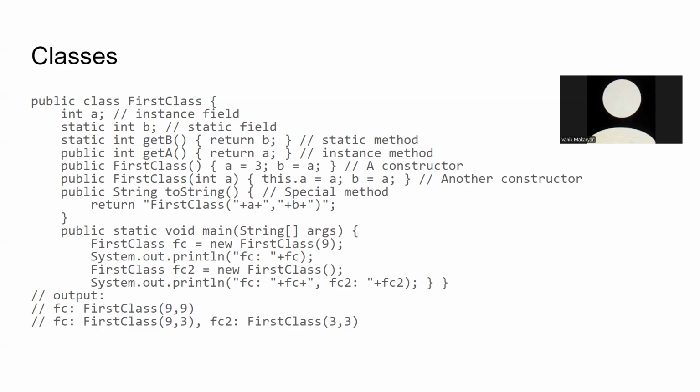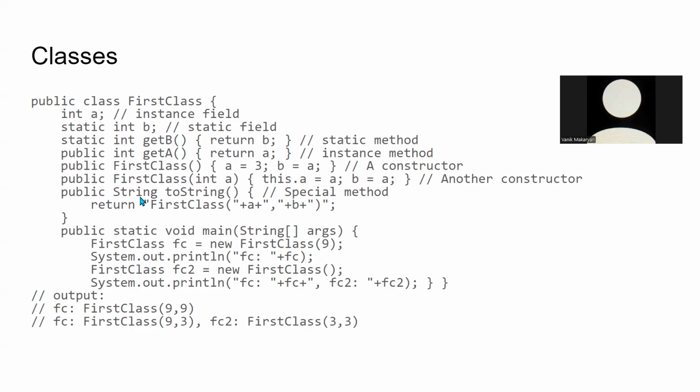I can put this. in front of A to say that I mean the instance field. If I don't do that, it's going to go with the argument. So what I'm doing here is initializing the instance A with A. If I don't have another A to cause confusion, then I don't need to put this. in front. I can if I want to, but I don't need to.